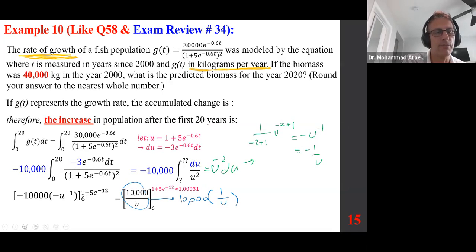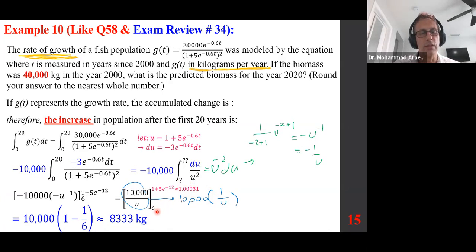And now 1 over the upper limit, 1 over 1.00031. When you do that division, for all practical purposes, it becomes 1 minus 1 over 6. So take a look, this is what you get. And it can be approximated by about 8,333 kilograms.